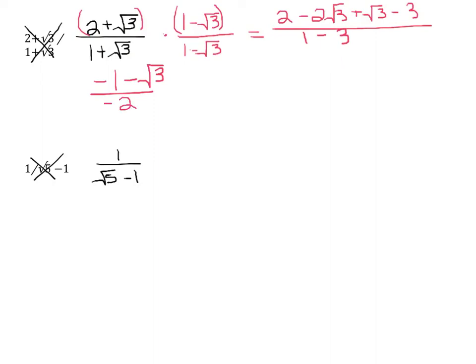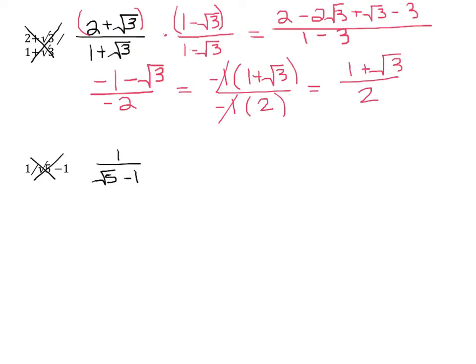So from here, we can factor a negative 1 out of everything. That becomes 1 plus the square root of 3, and negative 1 times 2. Our negative 1's cancel. And our simplified version of this is 1 plus the square root of 3 over 2.